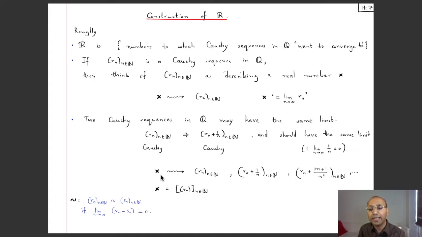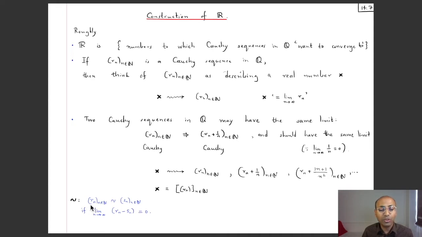So this makes us suspect that perhaps there is an equivalence relation on the set of all Cauchy sequences in Q, such that under that equivalence relation, all of these Cauchy sequences belong to the same equivalence class, and that equivalence class is then the real number x. So all this is wishful thinking. So the first question is, how should we define this equivalence relation on the set of all Cauchy sequences in Q? We can define it in this way.